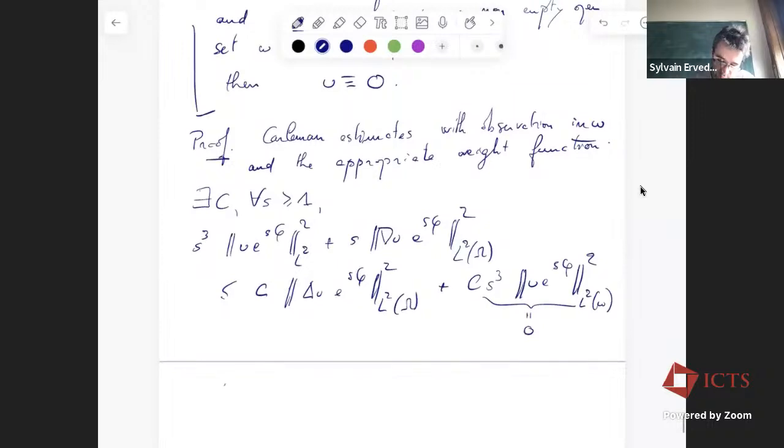So then you just have to bound the terms in Laplacian u, and recall that Laplacian u is minus Qu minus W gradient of u.